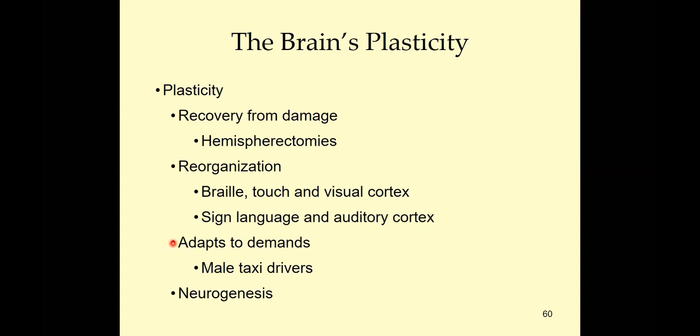Now you say, what's the left hippocampus have to do with this? Well, in males, it turns out there's an area of that left hippocampus that's involved with navigational ability. So what they found, the male taxi drivers had greater development in that area of their left hippocampus than non-taxi drivers. The neurons were more connected there, they were denser.